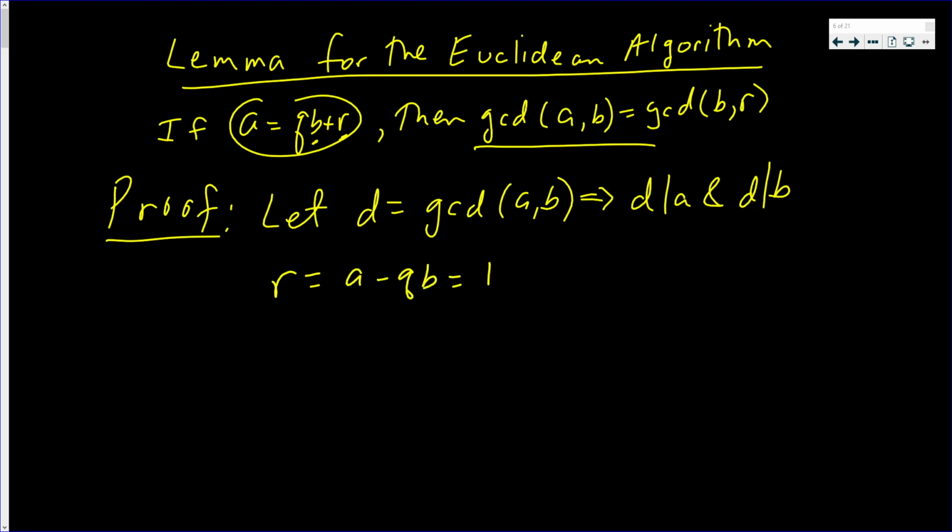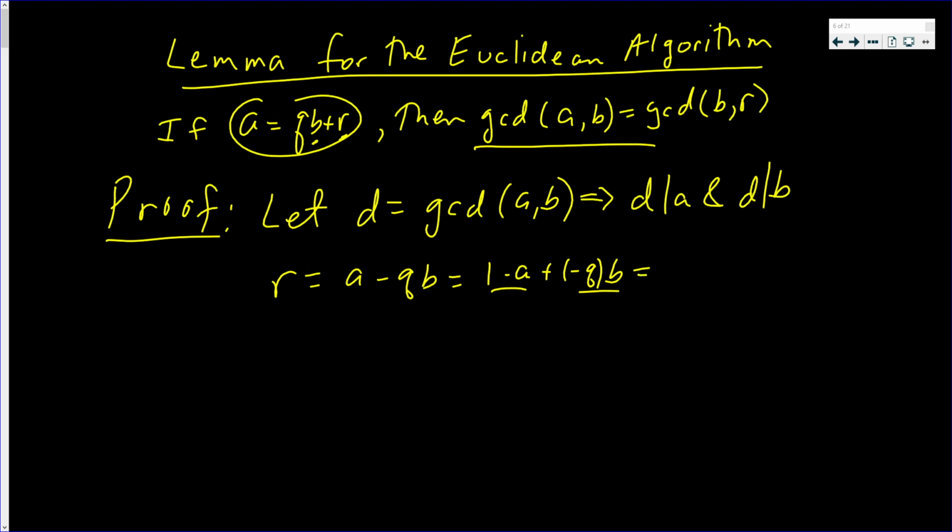That is, R is 1 times A plus negative Q times B. That is, R is a linear combination of A and B.